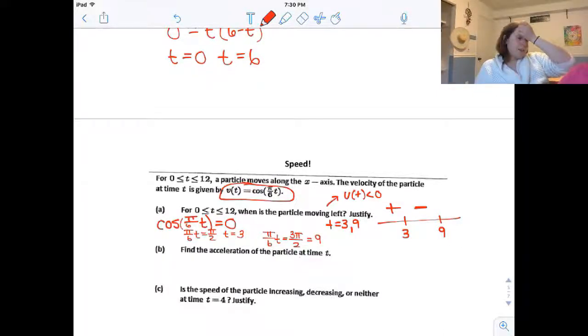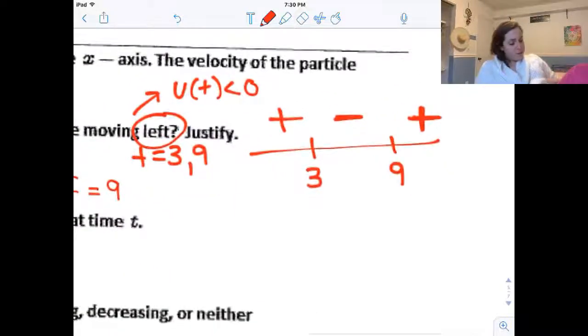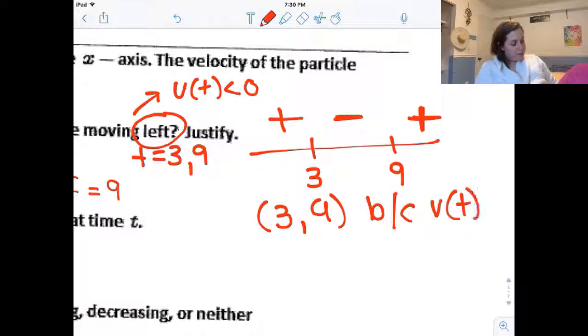If I plug in 10, I get cosine of 5 pi over 3, which is positive. So that's my chart. So this would be moving to the left, moving left on 3 to 9, because v of t is less than 0 on this interval.